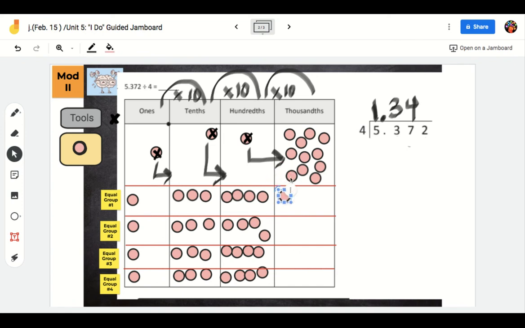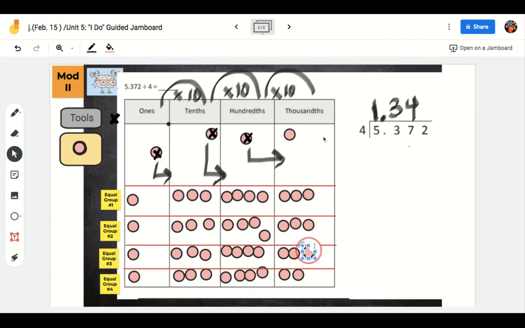How many thousandths can I share equally? 1 group of 4. 2 groups of 4. Uh-oh.